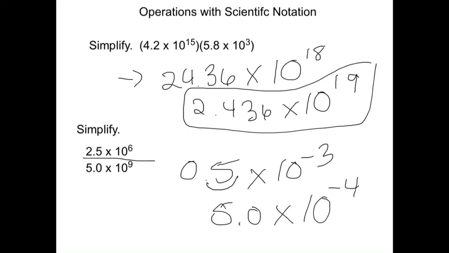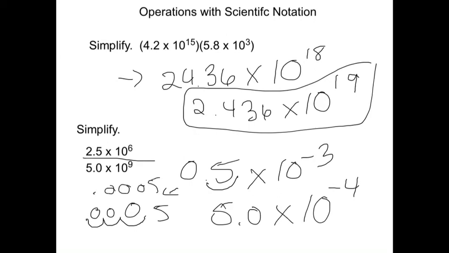If how I am moving the decimal point and increasing or decreasing the exponent doesn't make sense to you, you could take 0.5 times 10 to the negative 3, and knowing that it's 10 to the negative 3, you could move it 3 places. Because the negative 3 still tells you to move the decimal point 3 places to the left. And when you do that, you get 0.0005.